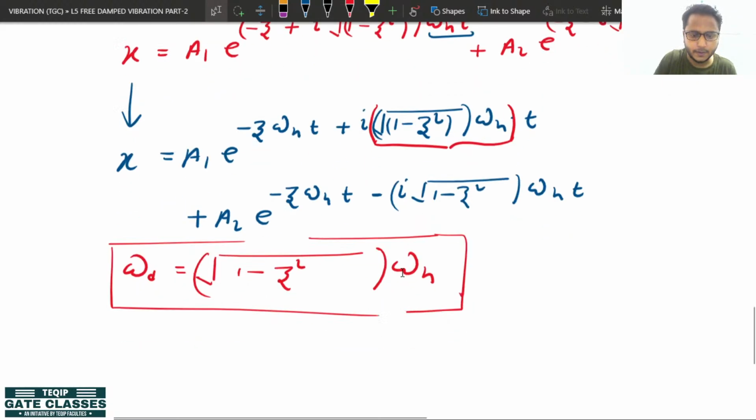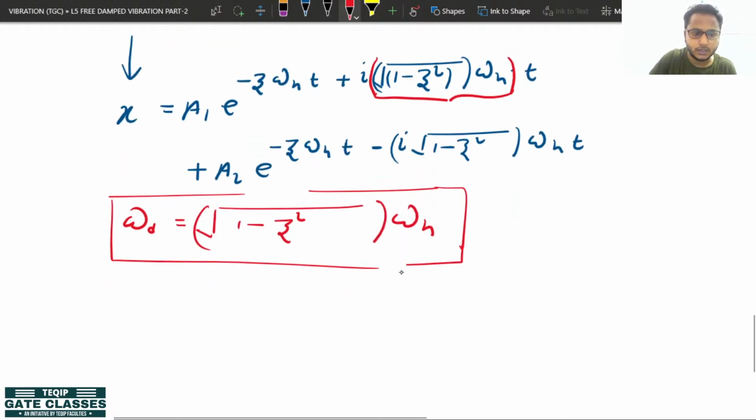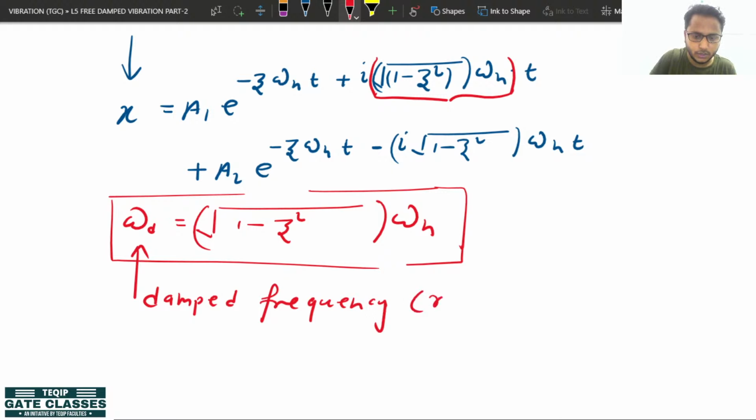This is known as damped frequency. The unit is radian per second.